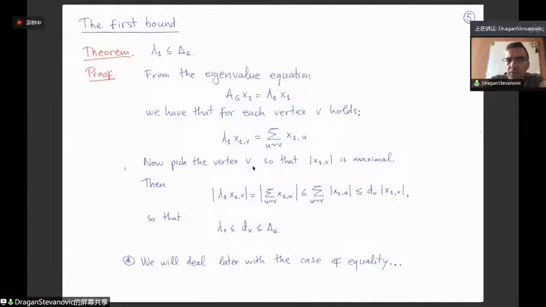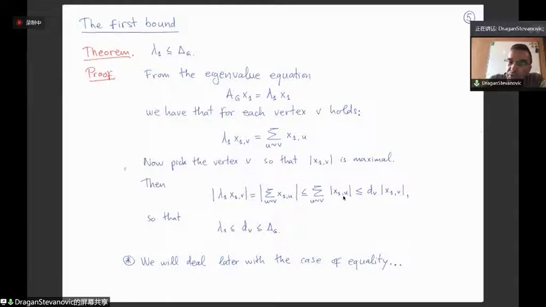So what remains is to pick a particular vertex, the extremal one. We want the eigenvector component of that vertex to be maximal. And then we can see that the absolute value of this product, lambda 1 times x1 v, is the absolute value of the sum. And of course, it is less than or equal to the sum of absolute values.